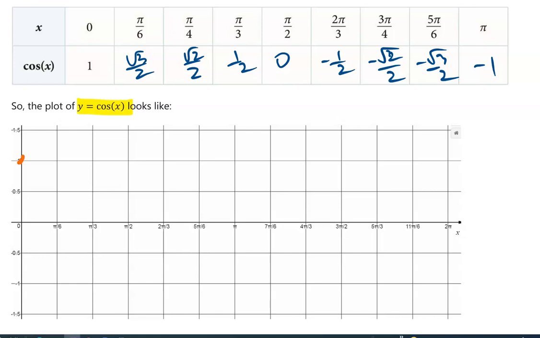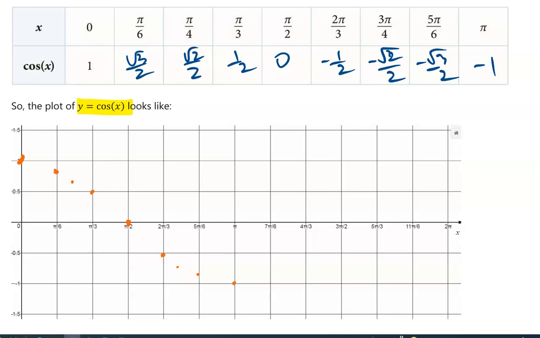Zero is 1. Pi over 6 is square root of 3 over 2. Then pi over 3, we have here 1/2. This is pi over 4. Pi over 2 is 0. 2 pi over 3 is negative 1/2. 3 pi over 4 is negative square root of 2 over 2. And 5 pi over 6 is negative square root of 3 over 2. Pi is negative 1.